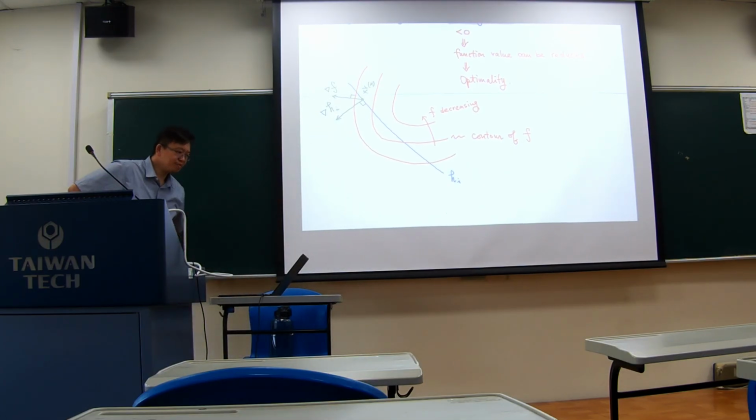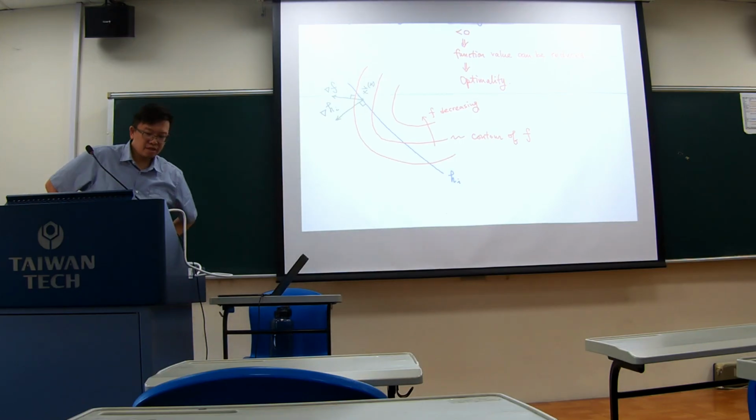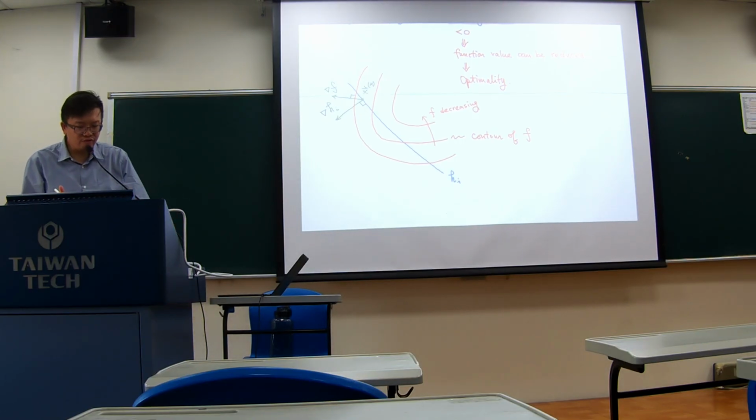And we try to move toward this position here. So here is my xk plus 1. So we try to move like this. This would be my d.